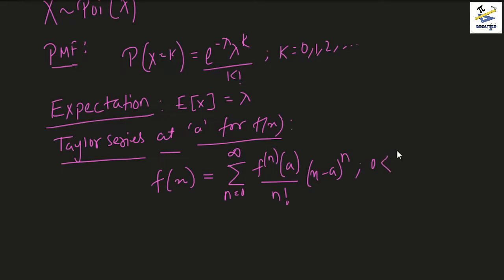Where 0 is less than mod of x minus a, less than capital R. Here capital R is what we call the radius of convergence.